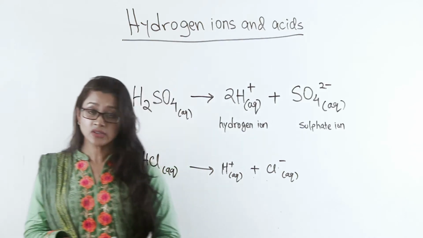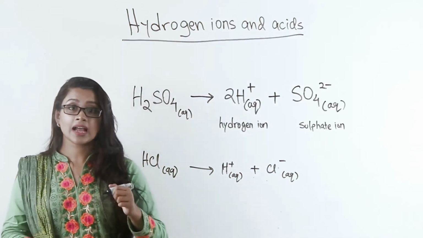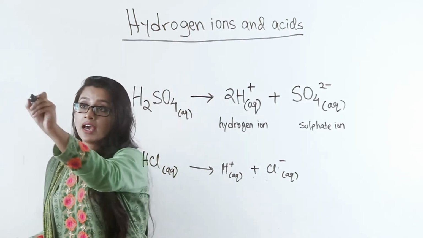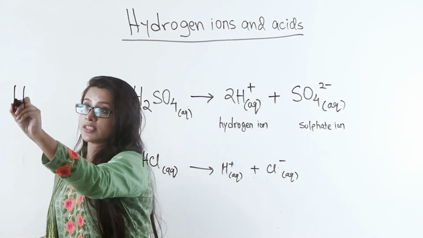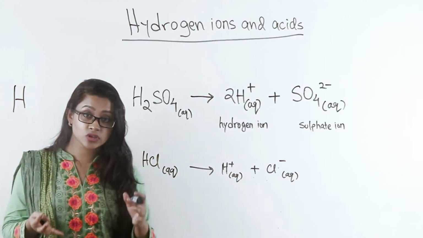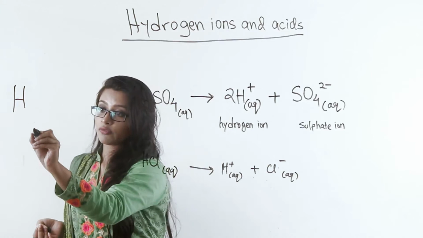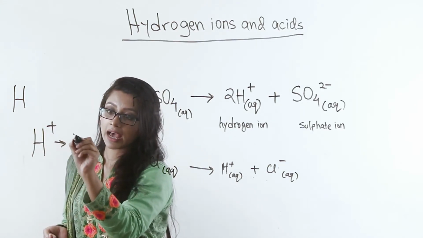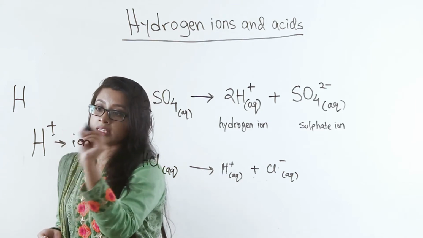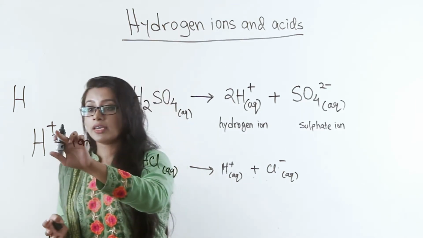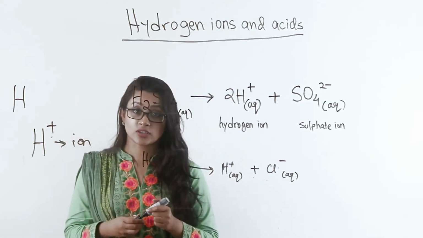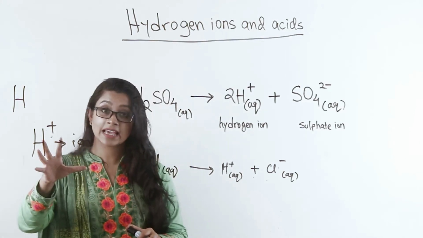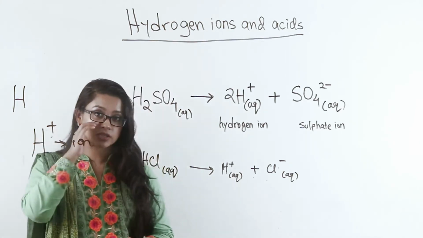A hydrogen is an element which has a symbol of H, and a hydrogen ion has a symbol of H plus. It's an ion, which means it doesn't have all the electrons, it has lost an electron, hence it has a positive charge.